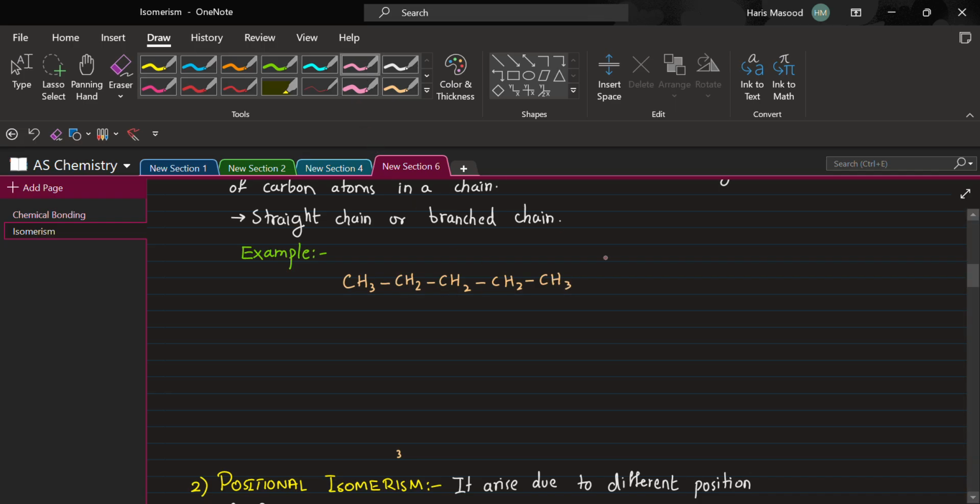This is pentane and it is a straight chain. If I want to make an isomer, I will make a branch. I will remove one carbon and add it in the branch here, and the rest of the chain will be the same.